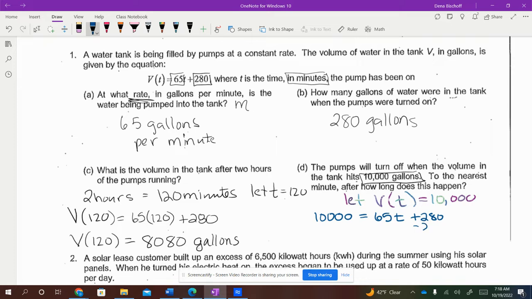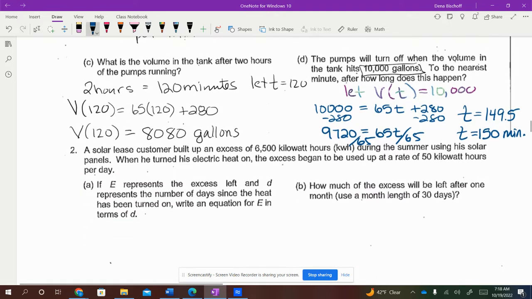So I'm going to subtract 280 from both sides. 10,000 minus 280 equals 9,720. Divide both sides by 65. So 9,720 divided by 65 is 149.5. So if we round it to the nearest whole minute, we're going to say it's 150 minutes. So after 150 minutes, or 2.5 hours, the pumps will shut off.